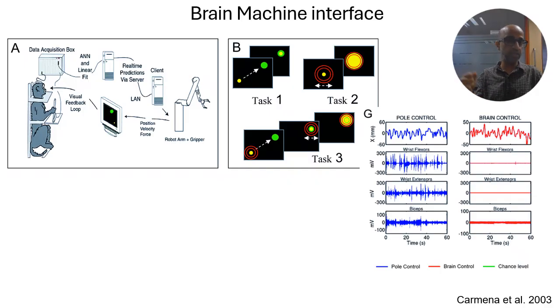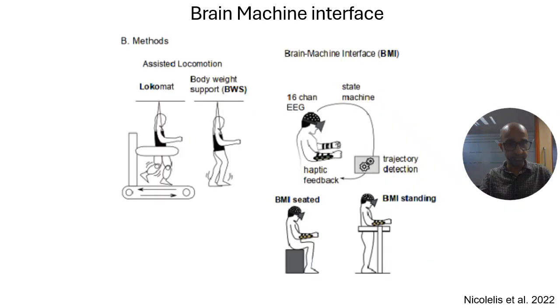Now you can attach artificial limbs or augment the limbs of the human in order to solve those problems, right? You can use activity of neurons in your brain in order to guide those kinds of movements. So here is a prototype.